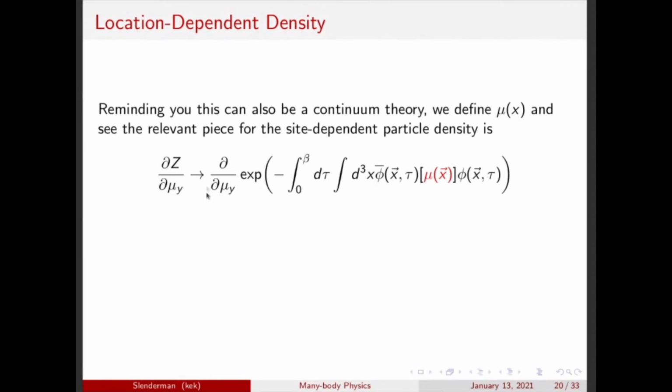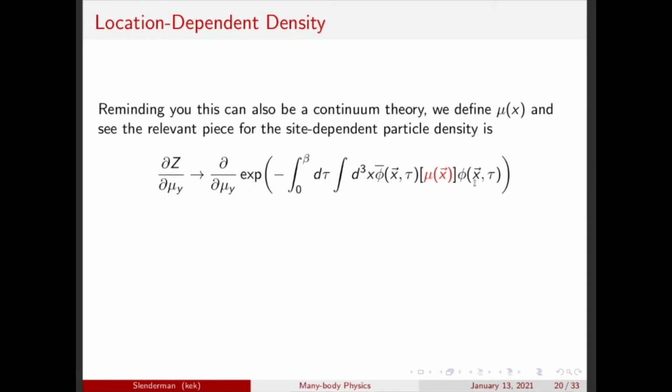So the notation and computing this derivative ends up being a little more subtle, because this is at a specific point in space, but this is an integral over all space. So it's a functional derivative.